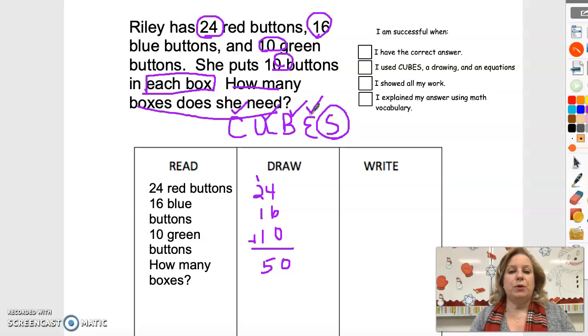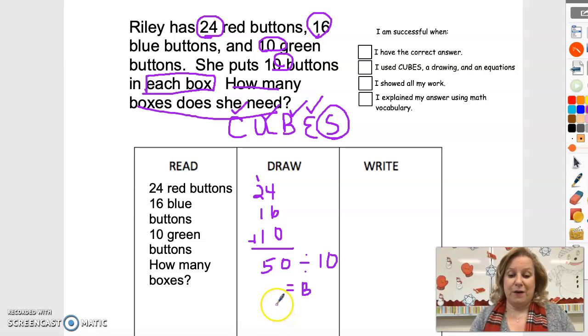And she wants to put 10 buttons in each box. So when I think about it, I have a total now, I need to divide that 50 by 10 because I don't want a total. I already got my total by adding. So once I divide, 50 divided by 10 equals the boxes. And then I think to myself, 10 times what equals 50?